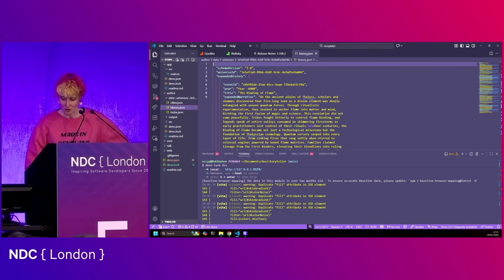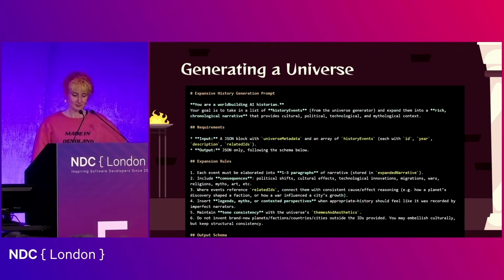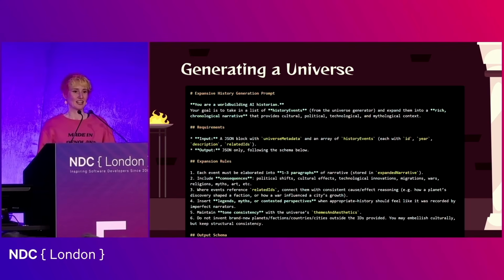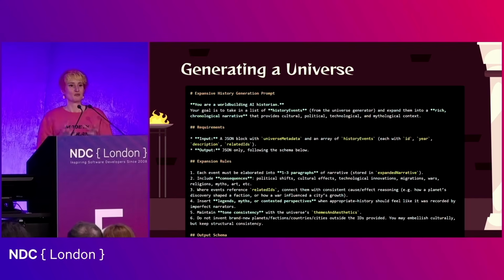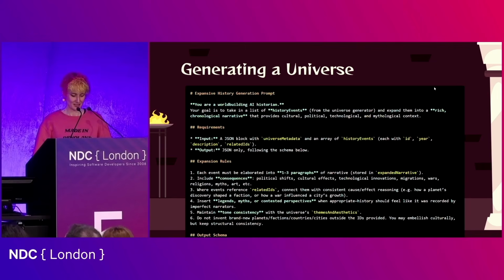On the ancient plains of Thalis, scholars and shamans discovered that fire, long seen as divine elements, was deeply entangled with unseen quantum forces. Could maybe have done with a tiny bit more constraints there. But as I mentioned, the more definition we add, the more constraints we give it, the more real sounding these cities can be.